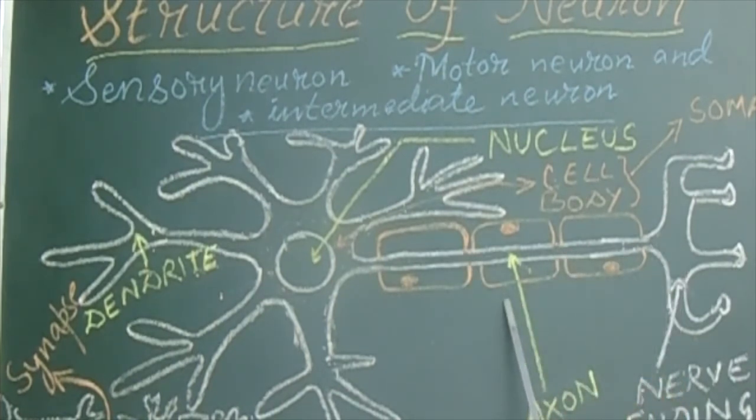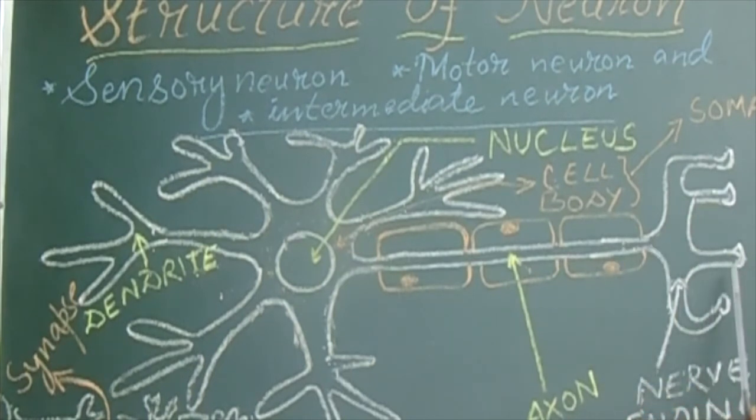That extension we call it as axon. What is the function of axon? Axon transmits information to different neurons, muscles and glands. Then we have these myelin sheaths, the protective sheaths which protect the axon.